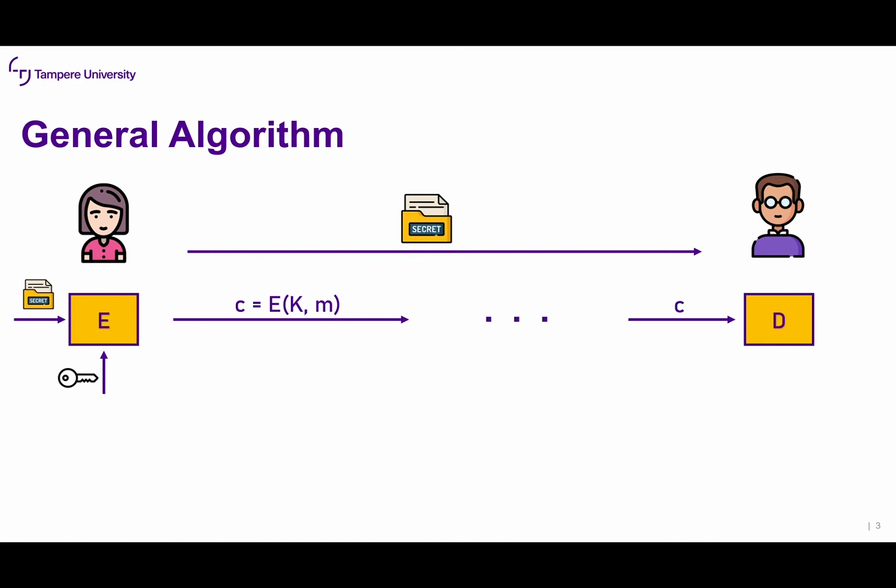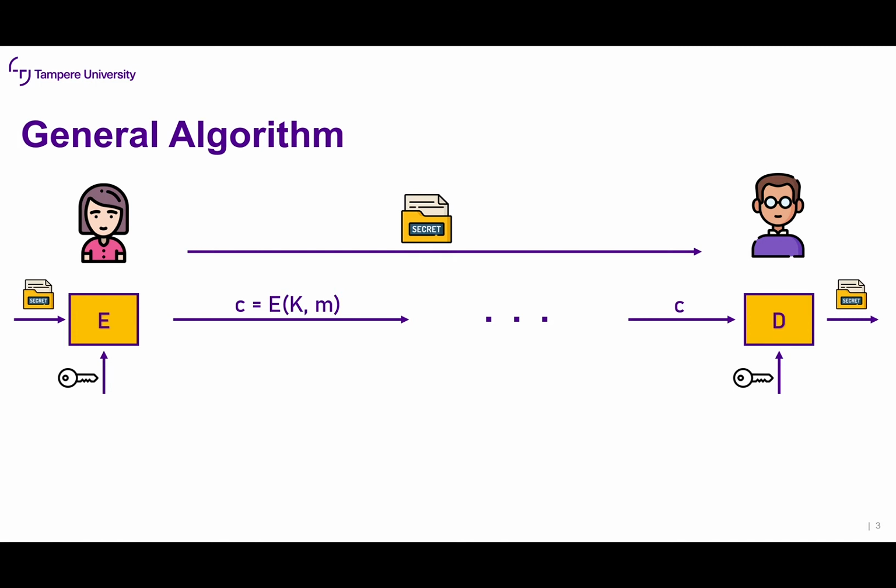Upon reception, Bob will have to use the decryption function in order to recover the secret that was sent by Alice. To do so, he will give as input to the decryption function the ciphertext that was sent by Alice, as well as the same key that was used by Alice to encrypt her secret. By running the decryption algorithm, Bob will recover the message sent by Alice, and thus find out the secret that Alice wishes to share with him.